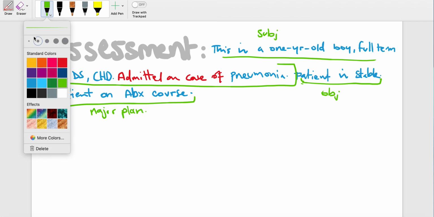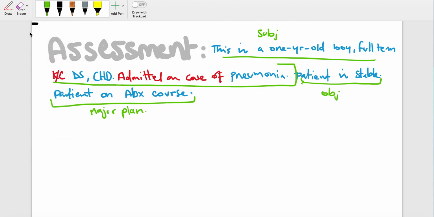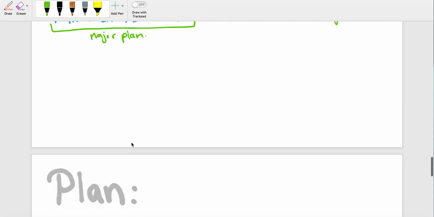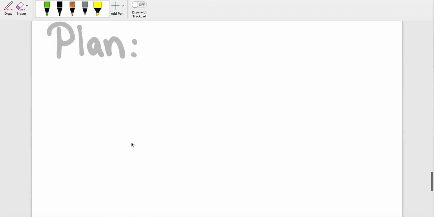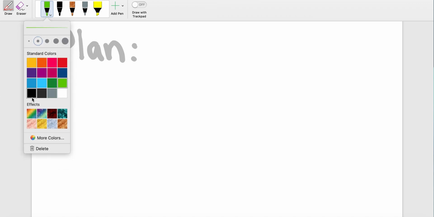Now we can move to the plan, and you should know that every plan should be discussed and approved by the team. You as an intern are not responsible to give a plan for your patient, but if you want to participate, that's okay and fine, but you have to approve it with your team, okay?